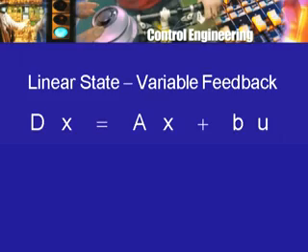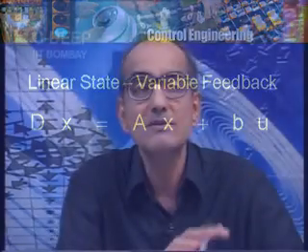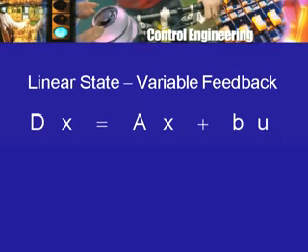So, how shall we use feedback? Well, exactly the way we thought about it earlier. The input to the system u, instead of getting it directly, you obtain it as a combination of what is called a reference input and the feedback signal. So, this can be represented in matrix terms as follows. The input vector u will not be applied directly, but will be obtained from a reference input vector r.